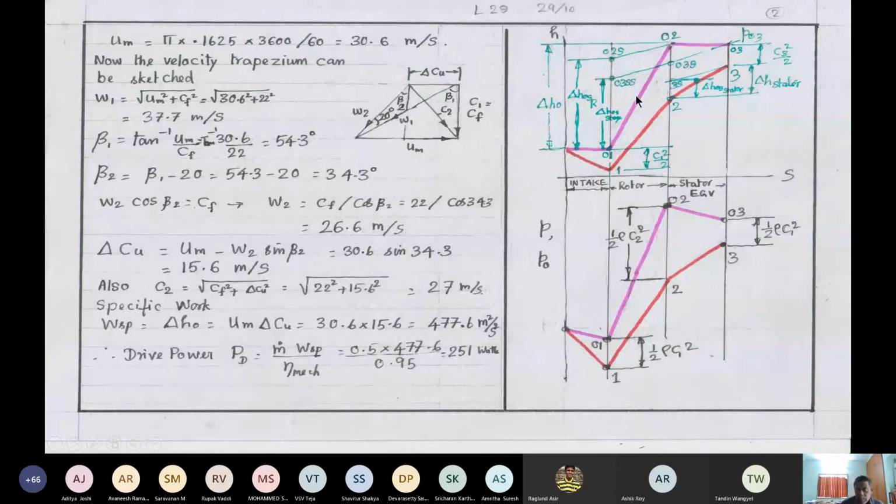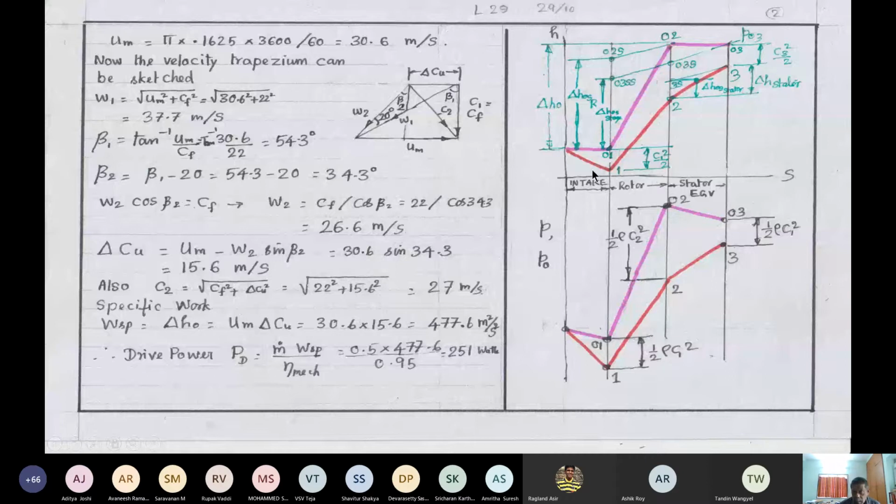So you have initially the intake portion, then the rotor, then the stator. You'll find that T naught or H naught changes only in the rotor, because only in the rotor energy is added, and afterwards it remains constant. Before that also it is constant.